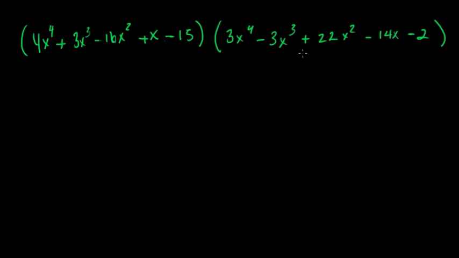Then this 3 times this negative 16, 3 times 16 gives 48, so this will be a negative 48x to the 6th. Then 3x to the 4th times x will give me a 3x to the 5th. And then 3x to the 4th times this minus 15. Well, 3 times 15 is 45, so this will be minus 45x to the 4th.